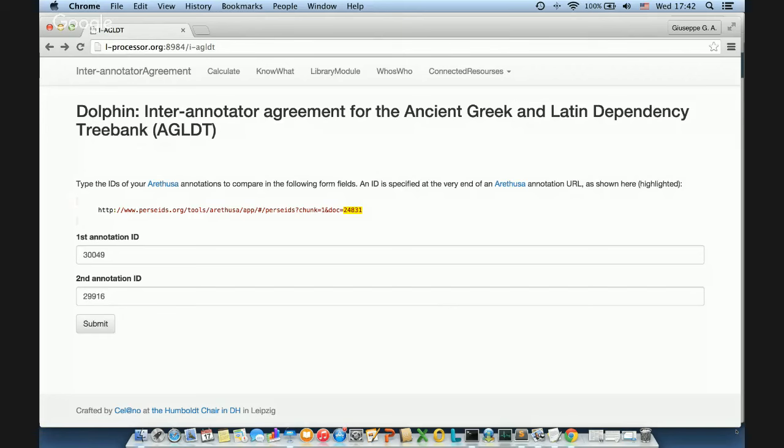So I need those numbers, and of course this is something that every one of you can do, because everything is online, totally open. Once you have these two numbers, you can type them here and click on submit.